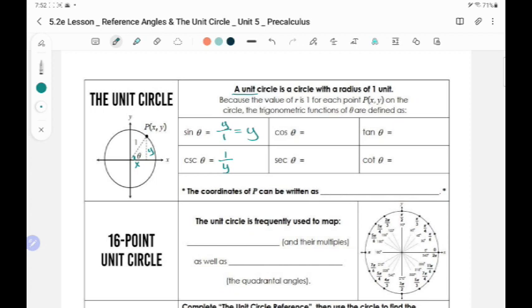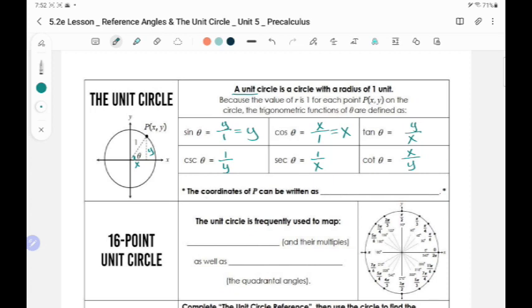The cosine is the adjacent, which in this case is x, over the hypotenuse, which is 1, so it's just x. Secant is just the opposite, 1 over x. And then tangent is y over x, and cotangent is the opposite, x over y.